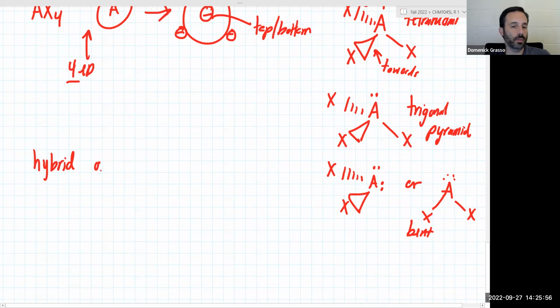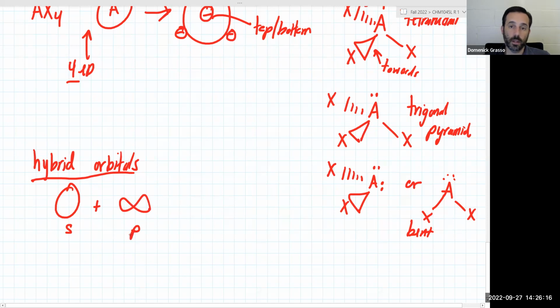These are called hybrid orbitals, because some shapes are combinations of more than just S's and P's. Sometimes you've got some D electrons. But basically, if our electron looks like an S, and we combine it with an electron that looks like a P, and they're overlapping each other, it turns into a hybrid orbital, an SP of some sort.